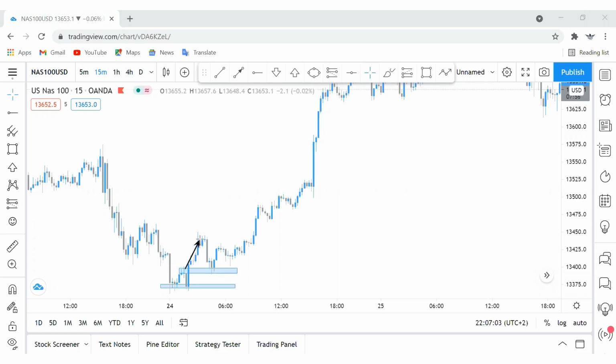The market broke out, came back to retest, and gave us a beautiful weak rejection, and the market started going all the way up. Can we see that? If we identify another one, the market gave us a higher high right here. The market broke it, came back to retest, beautiful weak rejection, and the market shot all the way up. I hope you guys can see that.